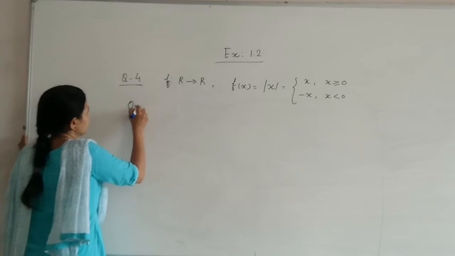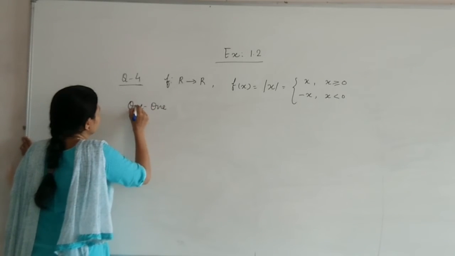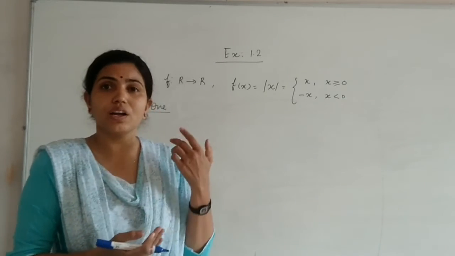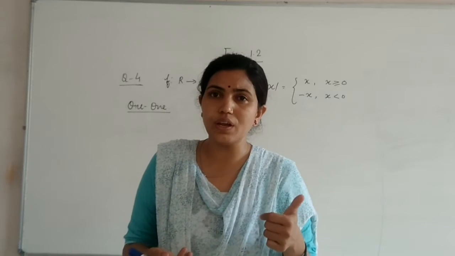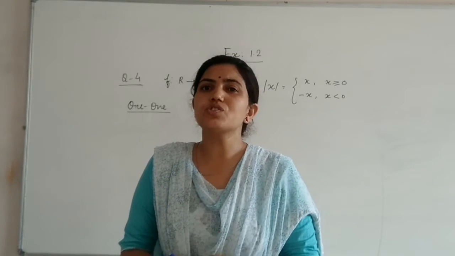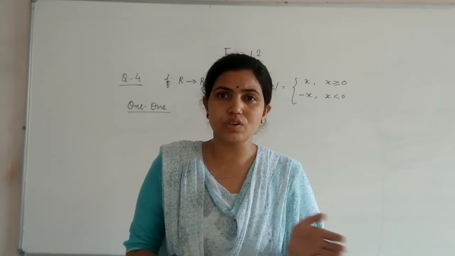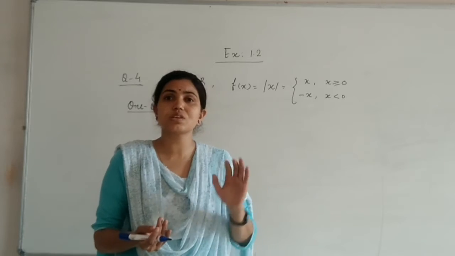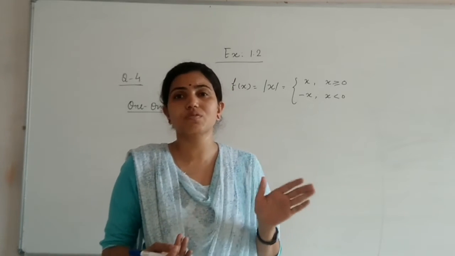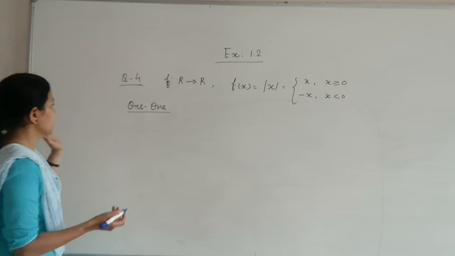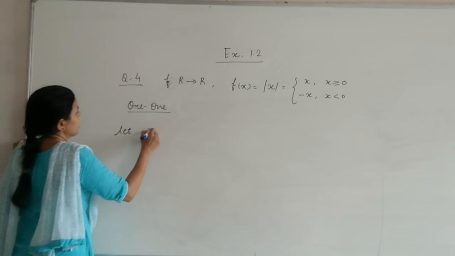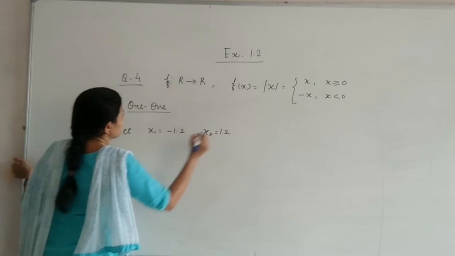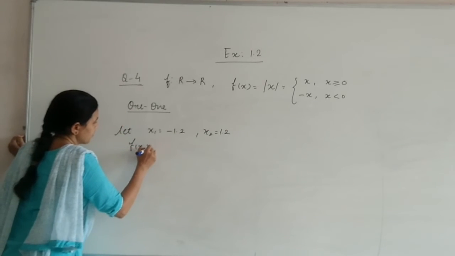So what can we do for 1-1? We take two different elements from the domain and find the image of each. If f gives us the same value, then the function is not 1-1. Let x1 equal minus 1.2 and x2 equal 1.2. So what is f of x1?